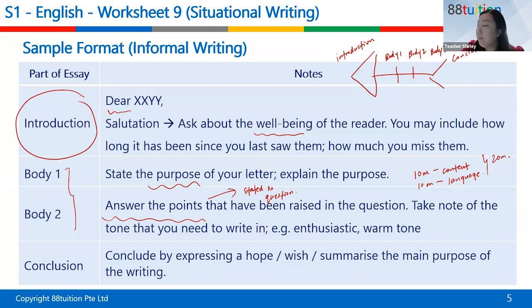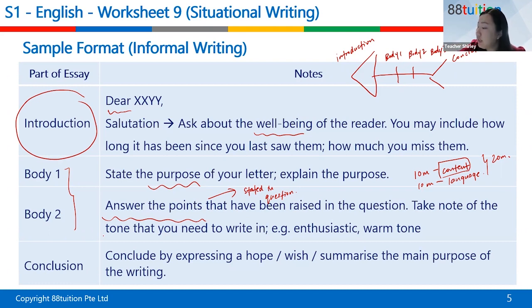But I would say it's easier to get the content marks because as long as you answer the points in the question, there are a total of 6 points, as long as you answer the points, you will get 1 mark each. That's why I always encourage students to really try to score for your situational writing because that will help you to pull up your total marks for paper 1. A lot of students struggle with continuous writing, so they have to do better for situational writing to pull up the marks.